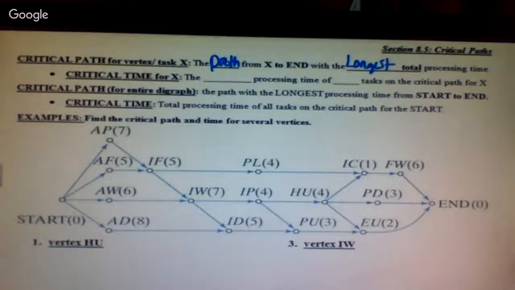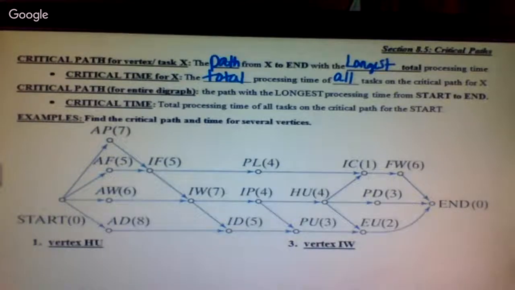They say if we go from the longest critical time to the shortest critical time, that will give us an optimal schedule. So the critical path is the longest path from that point to the end. The time that goes with it is the total processing time of all tasks along the path.